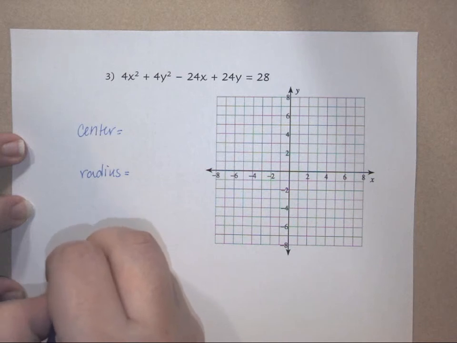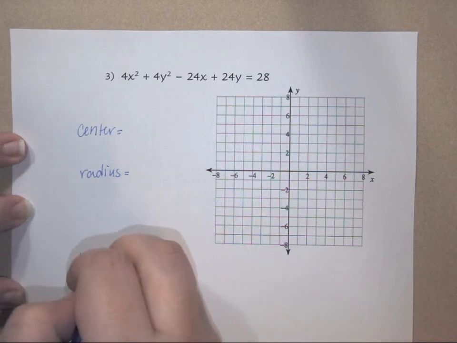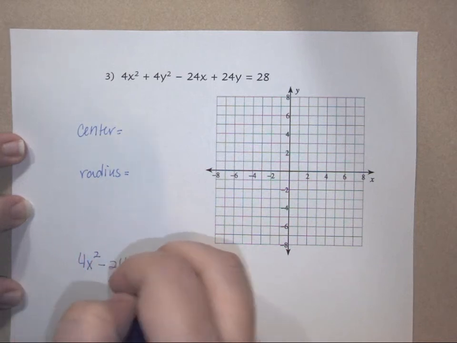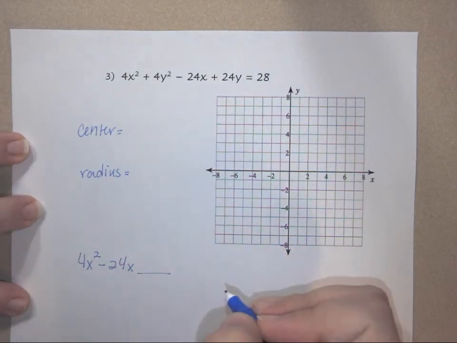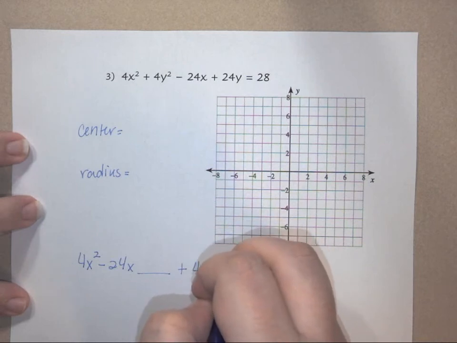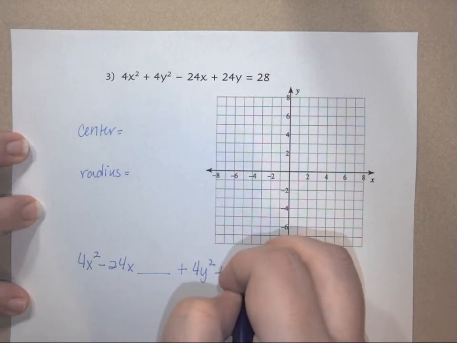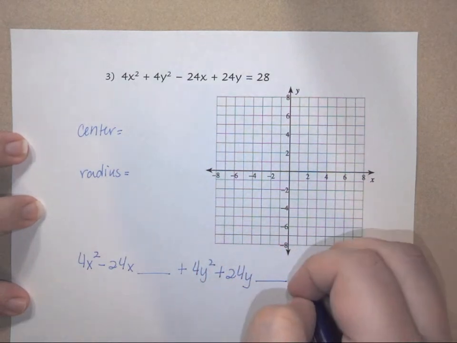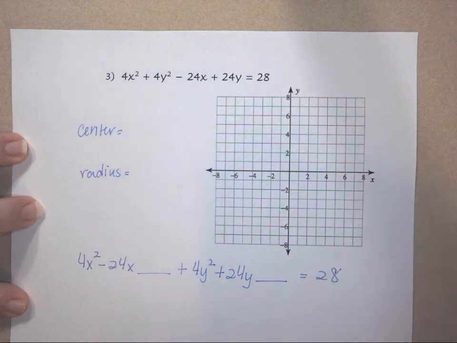I'm going to do that by grouping my terms again. So I have 4x squared minus 24x, and I've got a space here. Then I have 4y squared plus 24y, give me a space, is equal to 28.